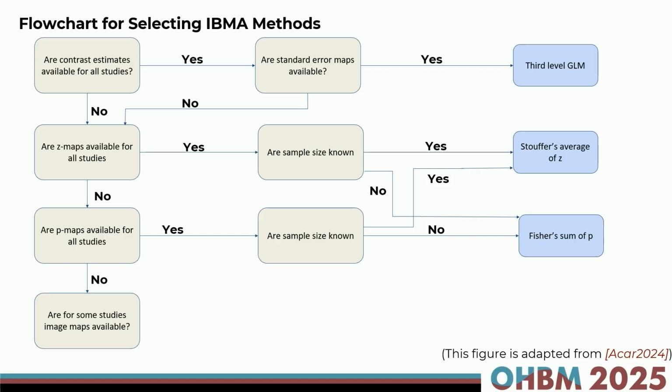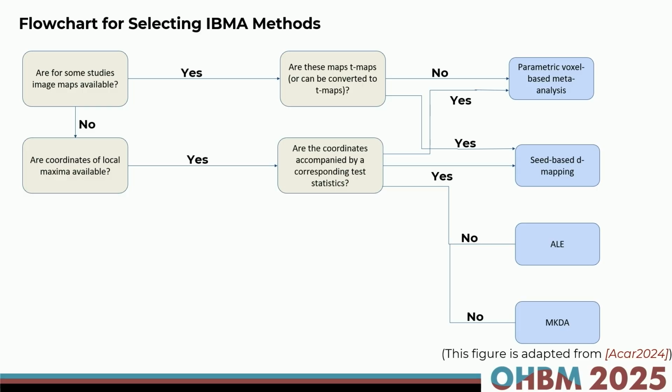And then we check if some studies' images are available, and whether these maps are like T maps, or can be converted to Z maps. If the answer is no, we use parametric voxel-based meta-analysis. If yes, we use something like SDM.